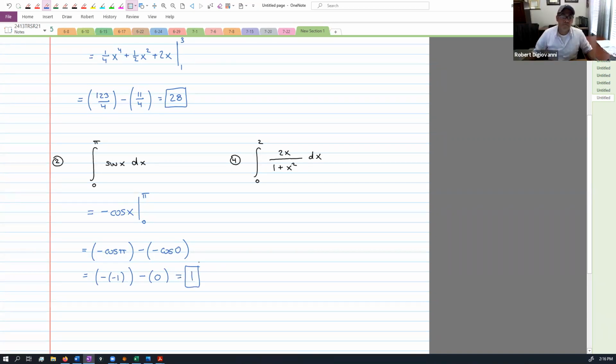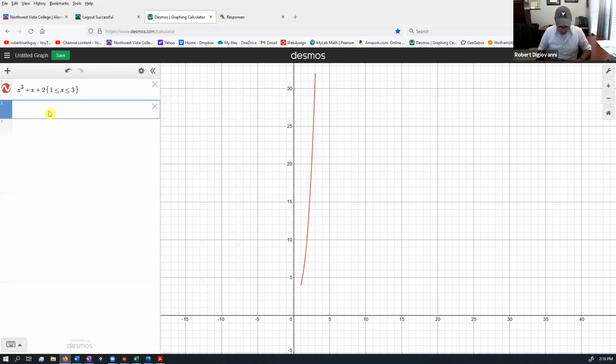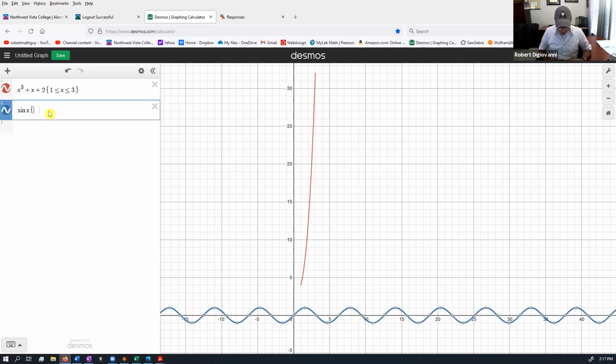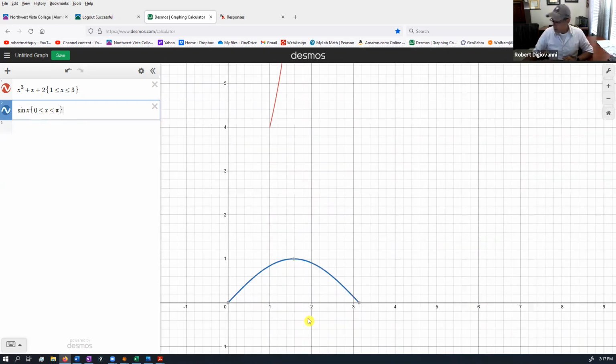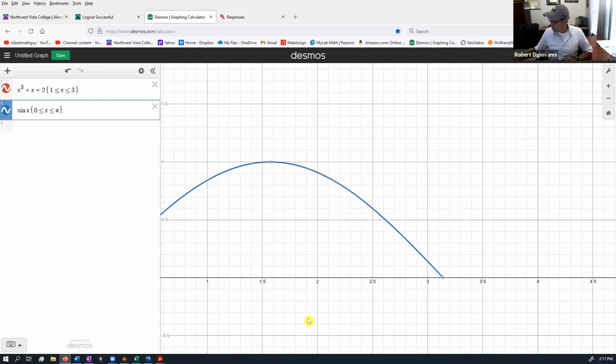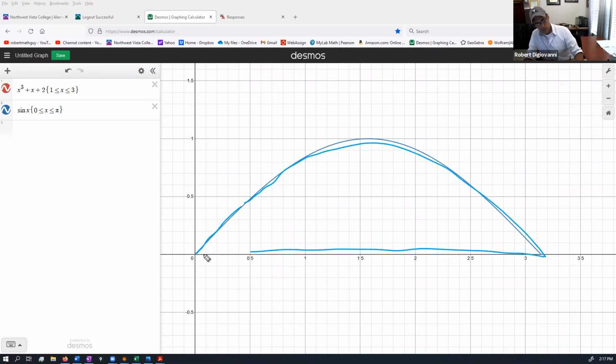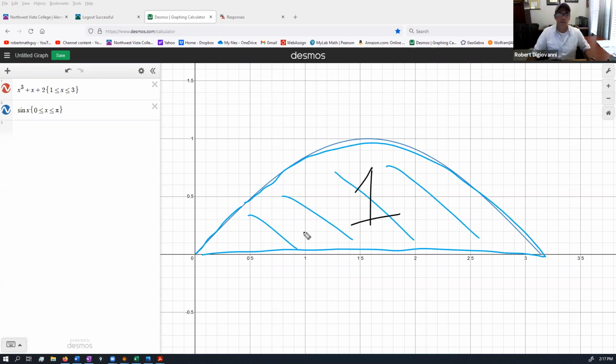That's kind of weird, because again, what we're saying is if you graph sine x between 0 and pi, then this area is 1.